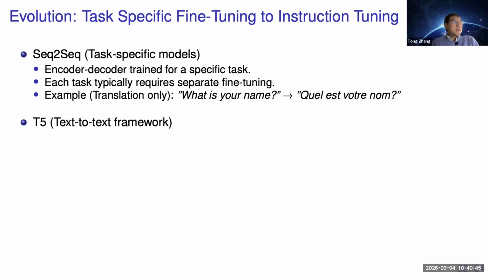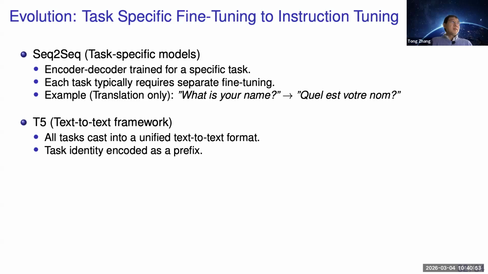Text-to-text framework. It's all tasks cast so that you do multitask learning, instruction tuning, right? Task identity encoded as a prefix. Basically, you are trying to say what your task is doing and so on.